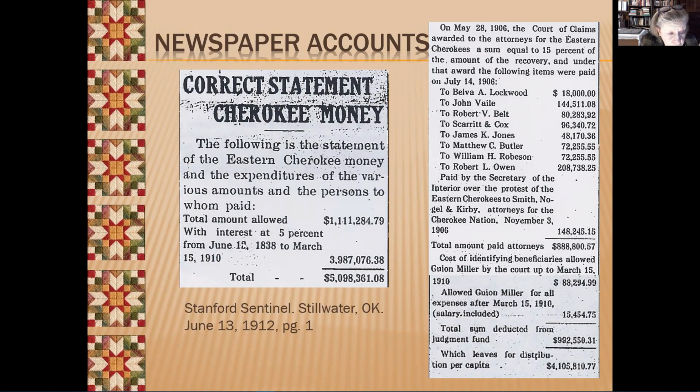The interest at 5% from June the 12th, 1838. Remember what that is? That's the first removal date to March 15th, 1910. 5% interest of this.